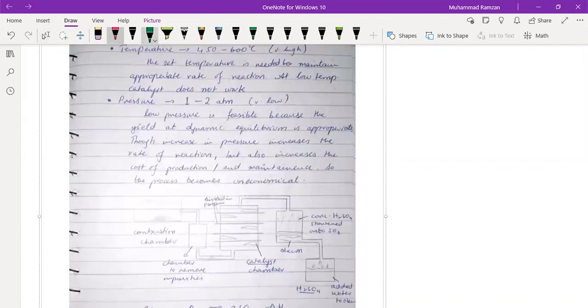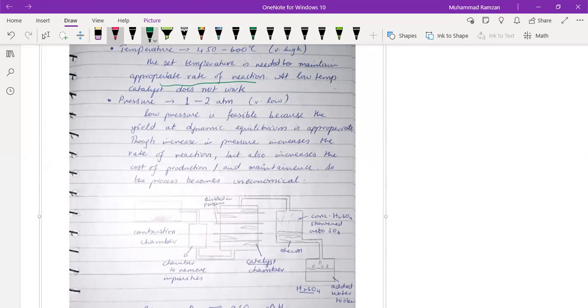Temperature is 450 to 600 degrees centigrade, very high temperature. Now you have to justify. Contact process is also a commercial method. This temperature range is appropriate to maintain an appropriate rate of reaction. Furthermore, at low temperature, the catalyst does not work. And this is the justification.